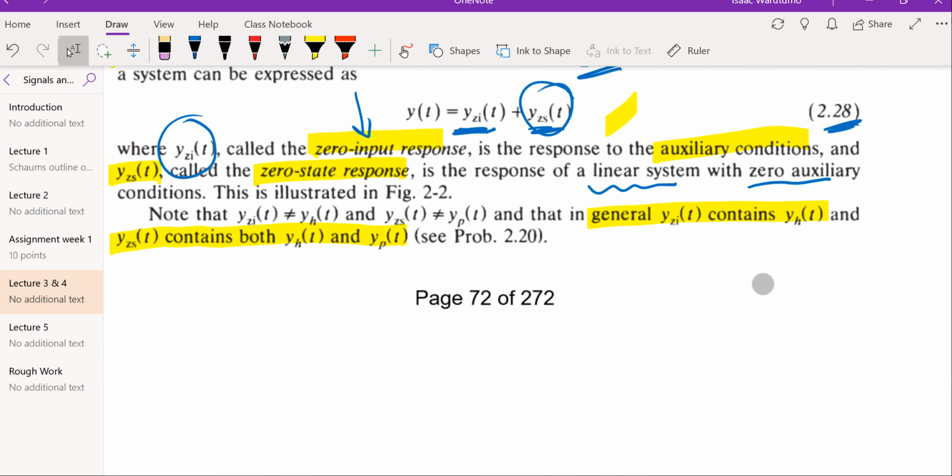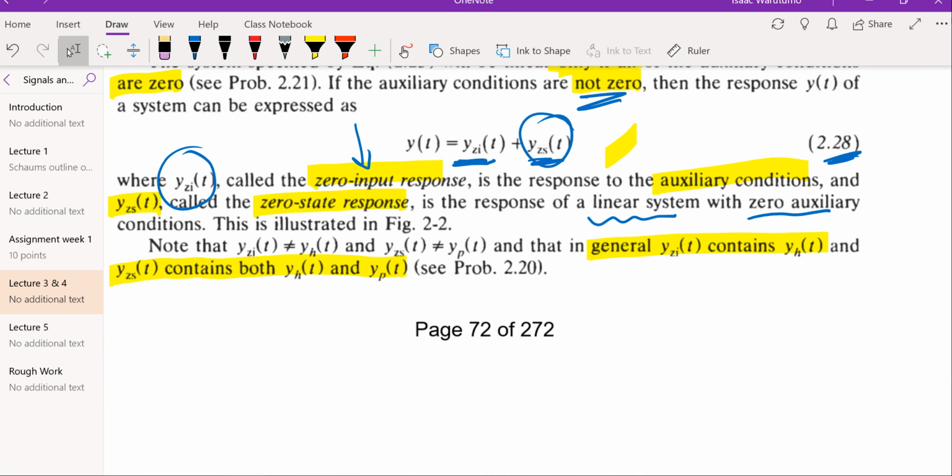So what are we saying here? We are saying that y_zi of t and y_h of t are not equal. So we cannot say that this is the homogeneous solution to your differential equation, because y_zi, that is the zero input response, can never be equal to the homogeneous equation.